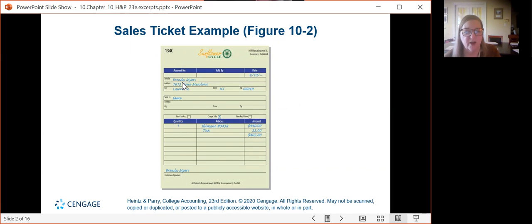And so you see they've got who the merchandise was sold to and their address, probably. I don't see it on there, but it would have their telephone number and their email address these days. Those kinds of things would all be on that statement. And it would show what was sold, what's the quantity, what's the product, how much it was. It would add tax usually, unless there's some reason they were exempt from sales tax.